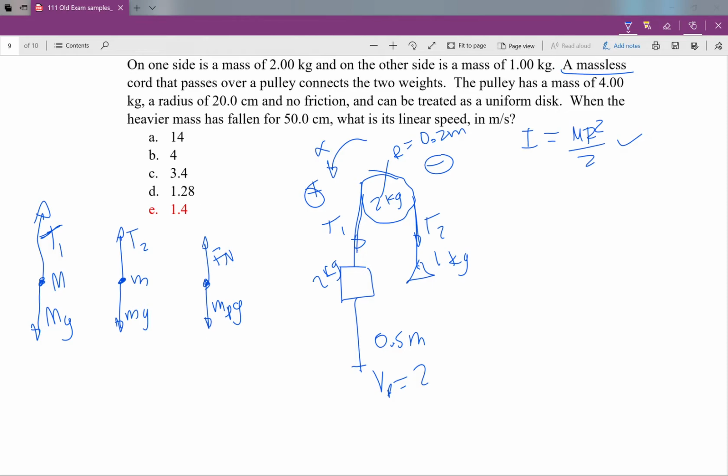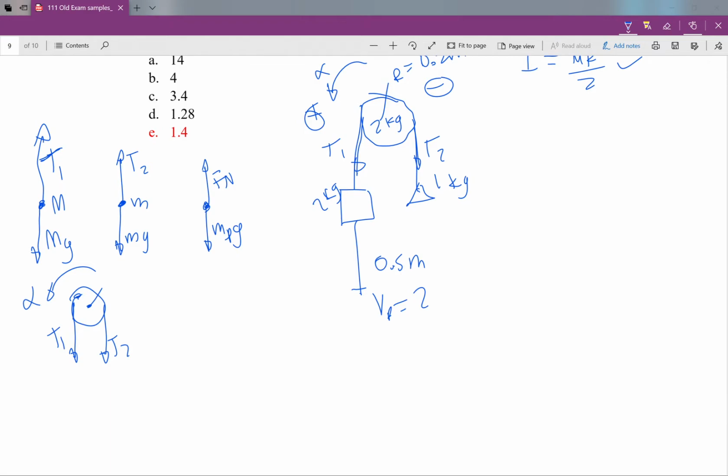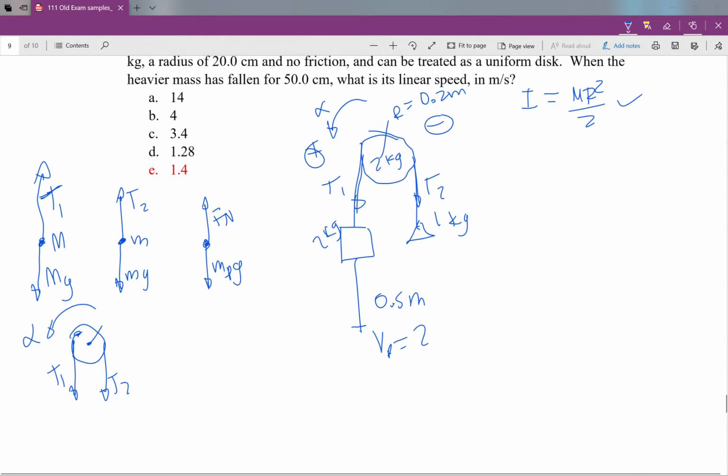Well, it just goes like this. There's the pulley, and then there's one force going this way, which is T1, and one force going this way. We know that the angular acceleration will be like that, meaning that T1 will be positive and T2 will be negative, depending on the sum of the torques.